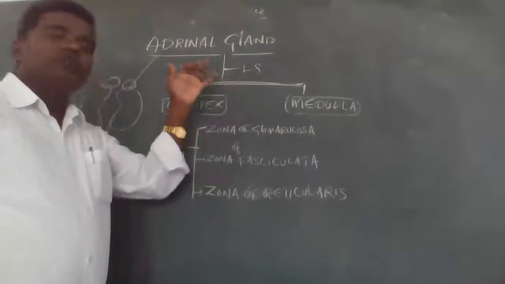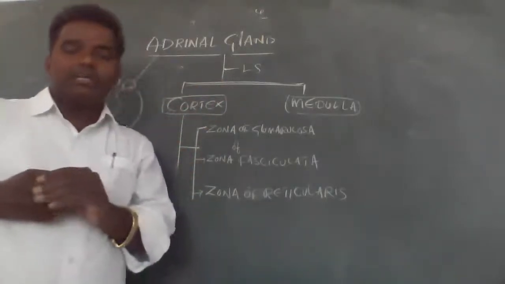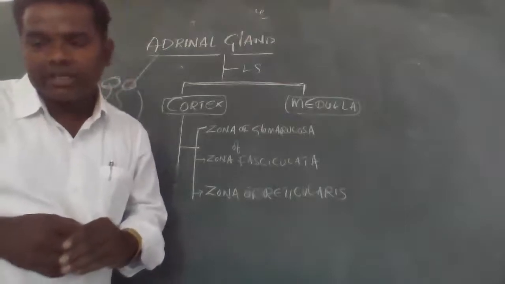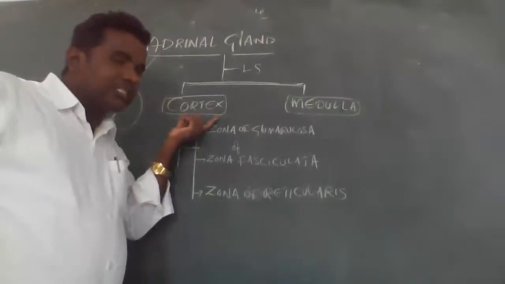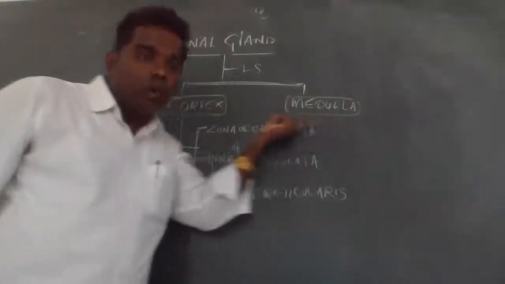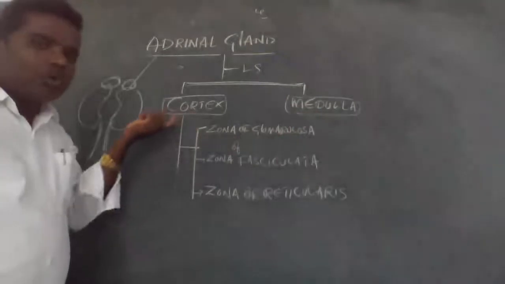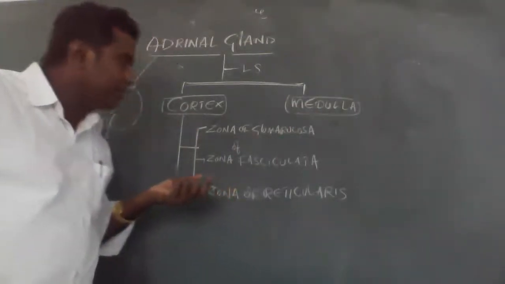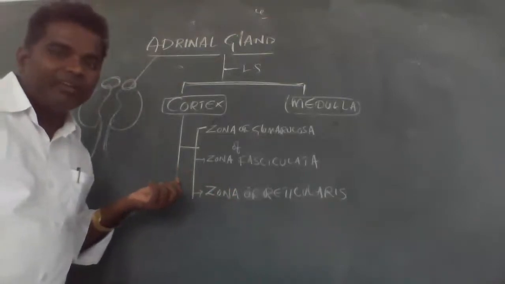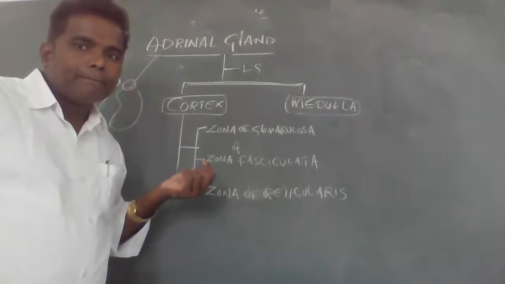Once more, repeat. Adrenal gland: when we dissect it in longitudinal section, two parts occur. One is cortex, second one is medulla. In this cortex region, how many zones are there? Come on, tell me, anyone.